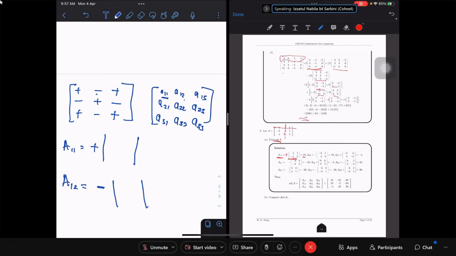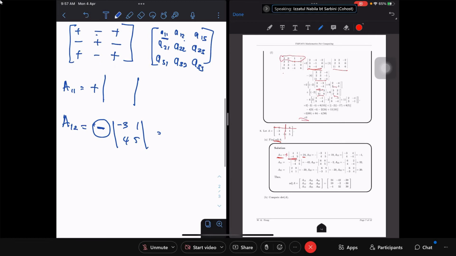So it will be negative of the determinant of 3, 1, 4, 5. And then you just calculate. So don't forget the negative here, the negative of the position. A13 is here, right? It's positive. So you just calculate the determinant, which equals negative 4. Similar to the other positions.